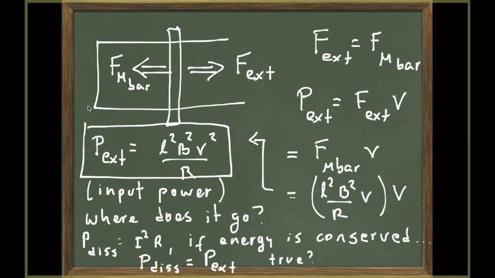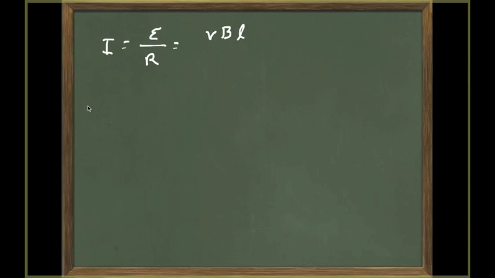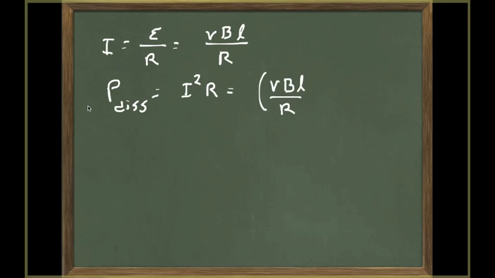Well, let's write the current. The current is right here. Power is I squared times R, right? So if I square that current, what do I get? The current squared, according to this, is equal to L squared V squared B squared over R squared.